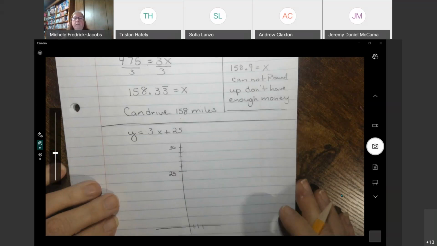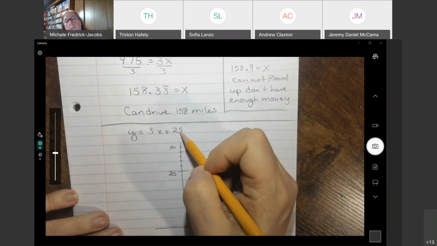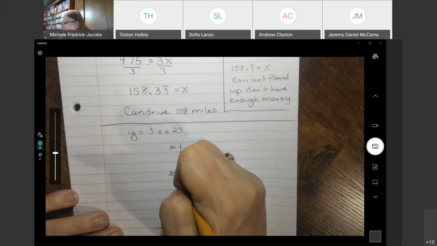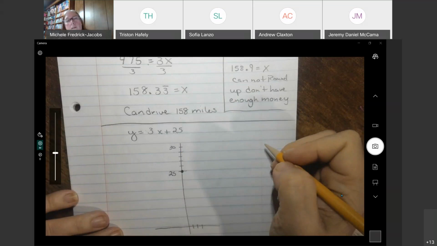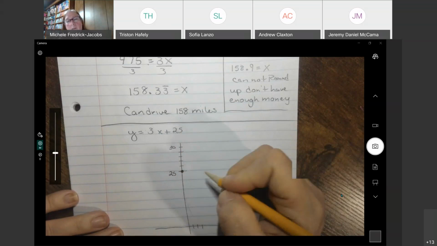So when you're graphing a line, if we were going to graph this, the first thing you do is mark your y-intercept, which is at 25. So it hits the y-axis at 25.